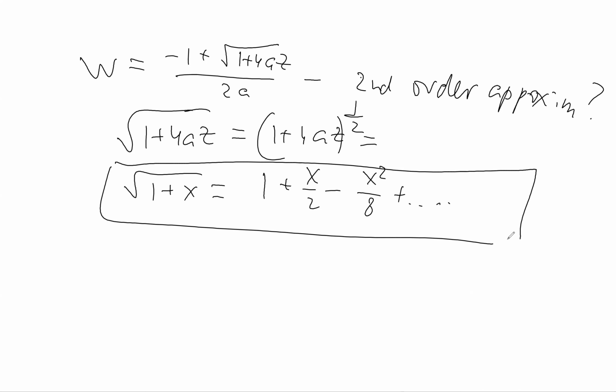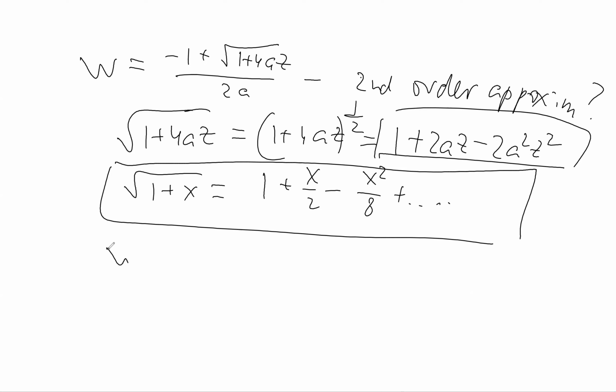If we apply it here, instead of x we should put 4az. It will be 1 plus 2az minus 4 squared, 16, so 2a squared z squared. So this is what we will use.